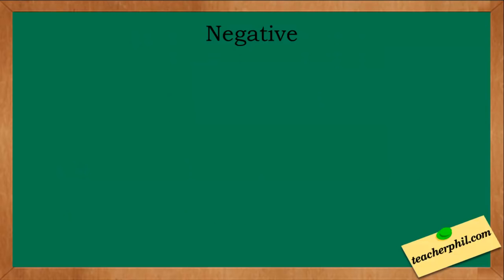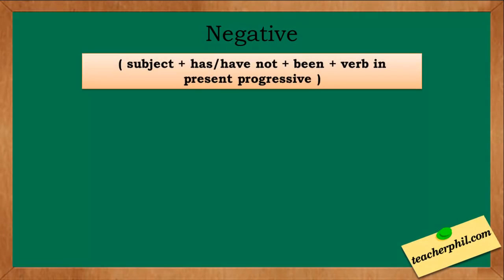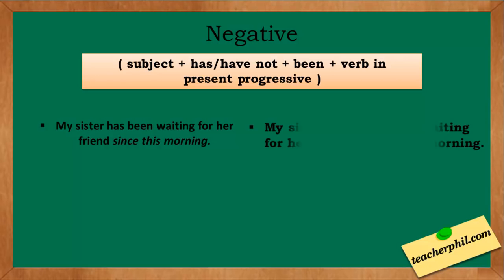For the negative sentences, we simply add not after the auxiliary verbs has or have. So the pattern will now be subject plus has or have not plus been plus verb in present progressive. Examples: my sister has been waiting for her friend since this morning.